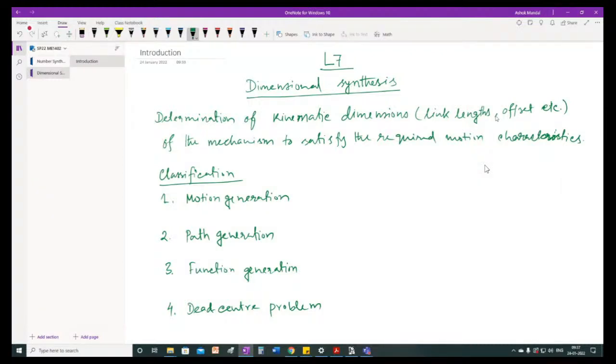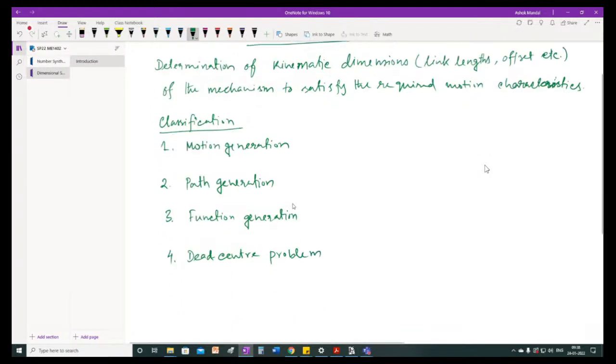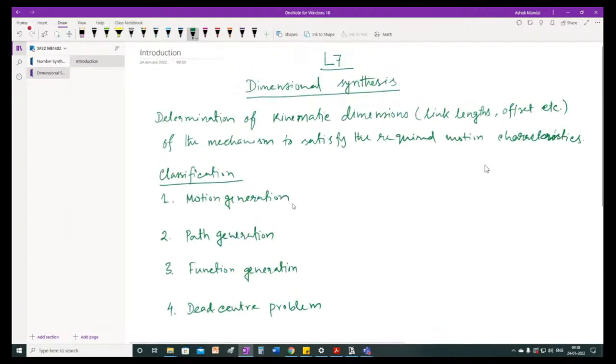All the geometric aspects of the mechanism we need to define, and for that, these are the four categories we will discuss. All of them are graphical methods, and these graphical methods we'll discuss here.